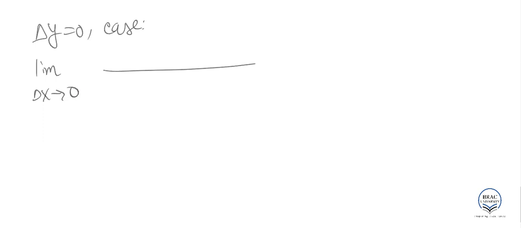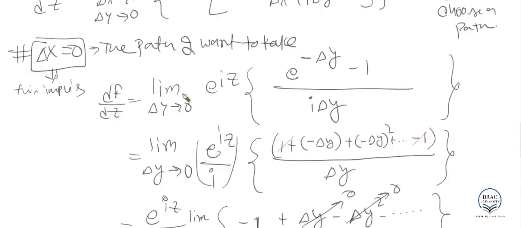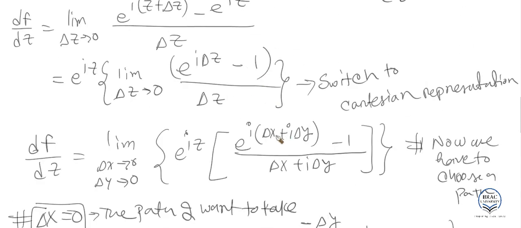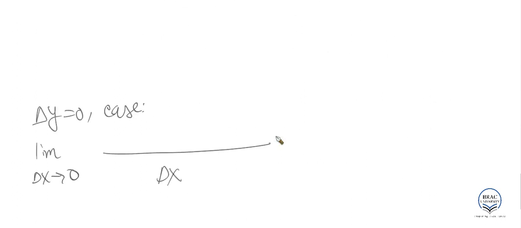So now we are taking del y equals to 0 case. So write these things again. This time I'm just writing it directly to save some time. So when I do that, the denominator just reduces to del x, and for the numerator here we have this del y to be 0, right? So this will be just e to the power i del x.